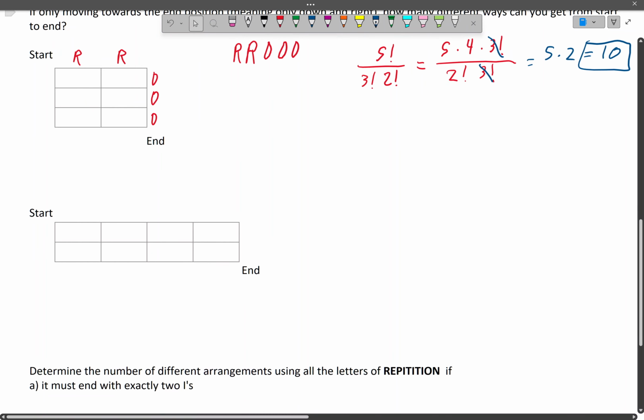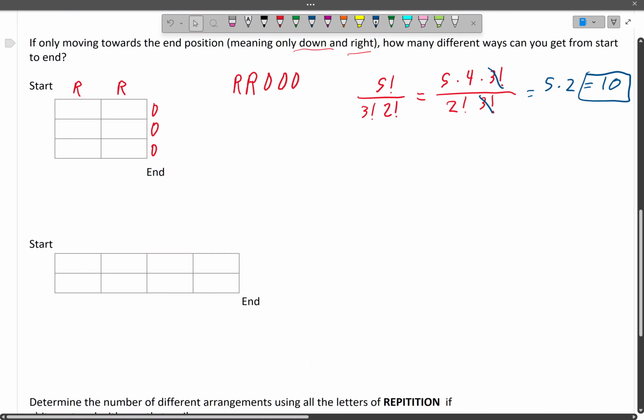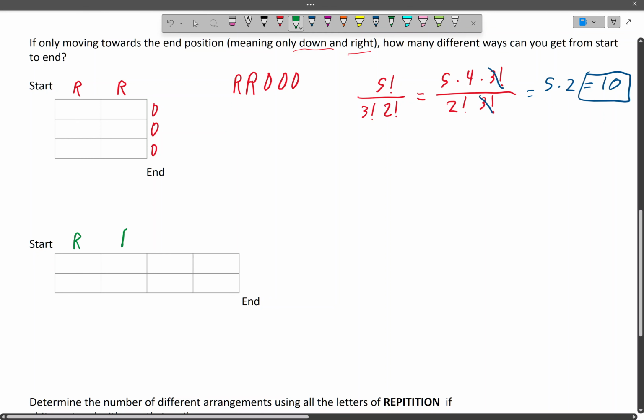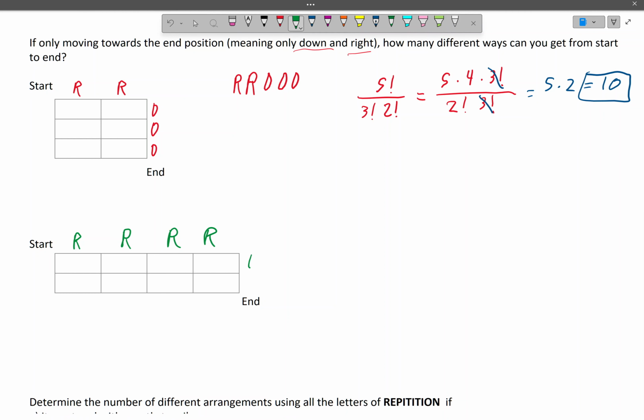All right, let's go ahead and pause the video there and try out the next question yourself. Okay, hopefully you were able to try it out. We're going to go ahead and do 4 R's, and then we're going to go down twice. So it's going to be R, R, R, R, D, D, just 2 D's.